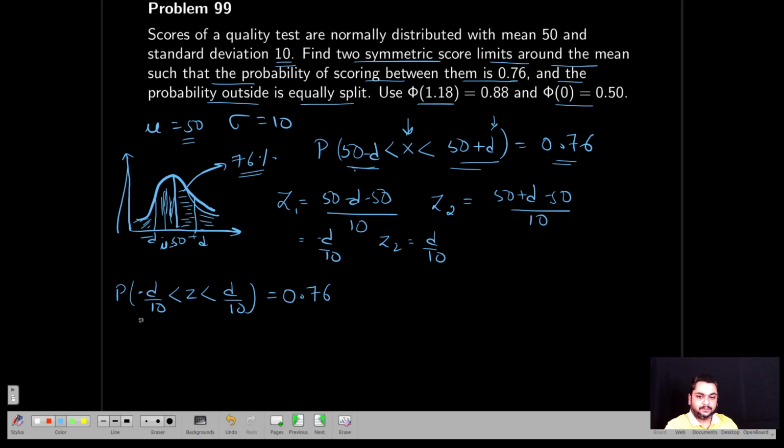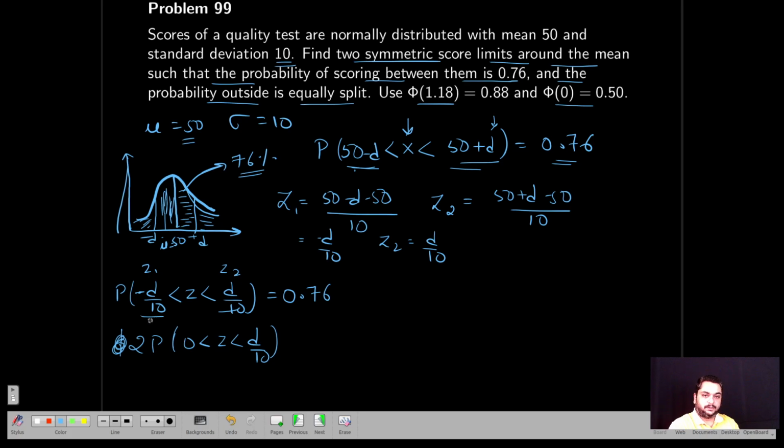Now, see, this is Z1, this is Z2. How will you calculate this value? Since they are symmetric, you can write it as 2 times P of the interval 0 less than z less than d by 10. Remember the symmetric property, I explained it, right? You can write it in 3 ways.